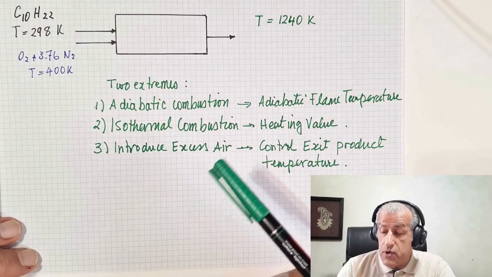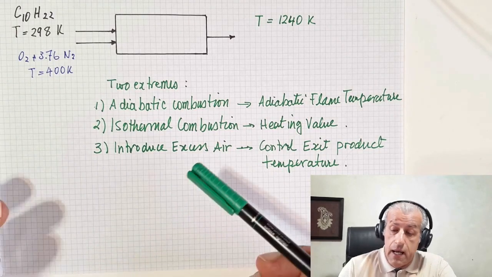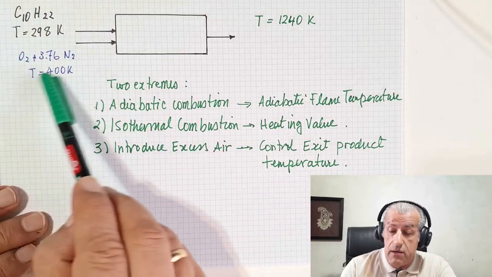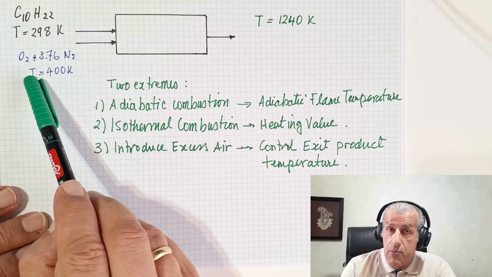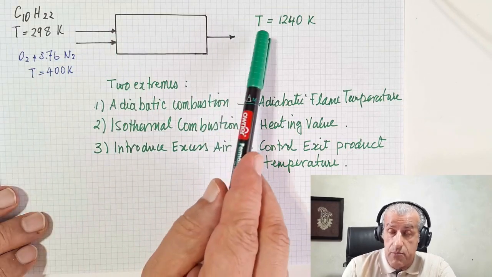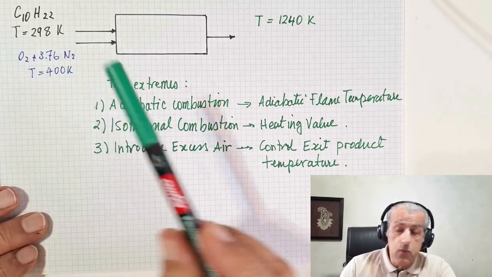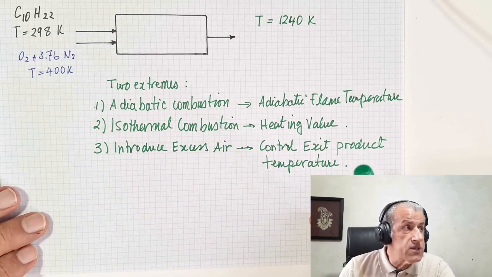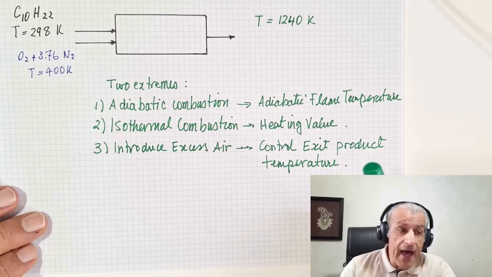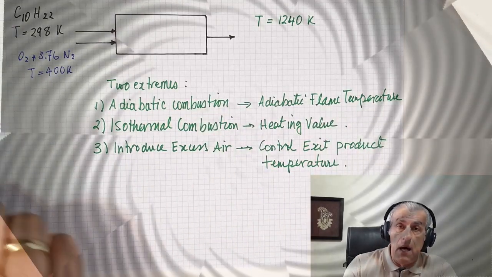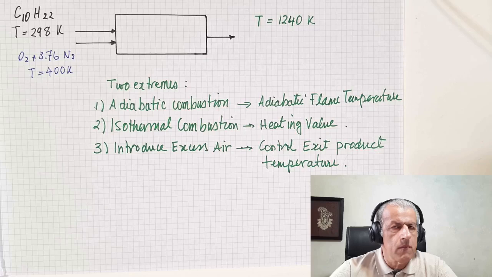Now, we introduce excess air. We don't know how much air is added, but at the same time, we know the temperature of the products, and therefore, what we want to conclude is how much excess air we should add so that our combustion products would have the required temperature.